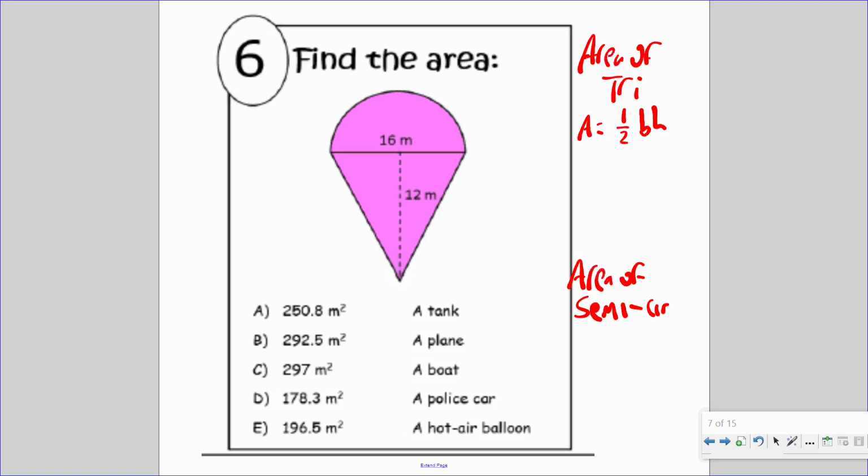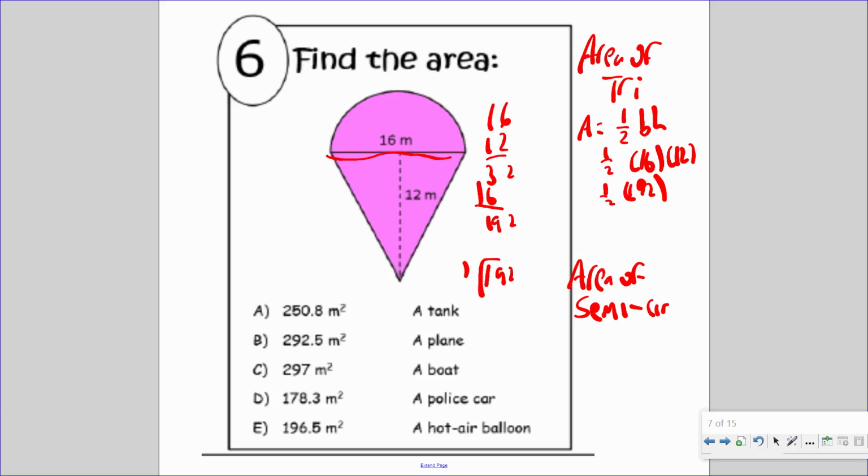If I turn this picture upside down, the base would be 16, and the height would be 12, and half of it. 16 times 12 is 192. What is half of 192? 96 square meters. So the area of the triangle is 96 square meters.